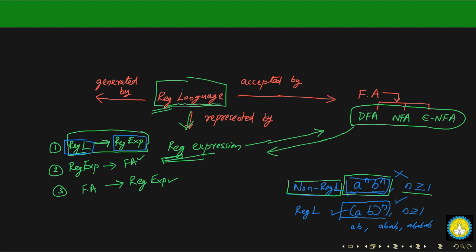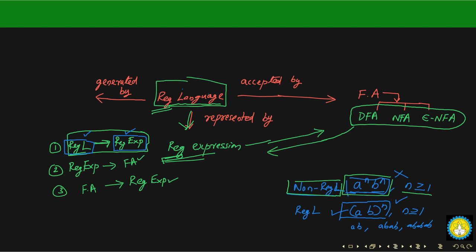So we should look at the ways of representing a given regular language as a valid regular expression. It is very similar to converting regular languages to FAs, but at this stage we are converting regular languages to regular expressions.